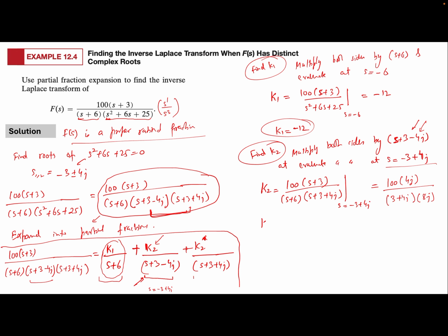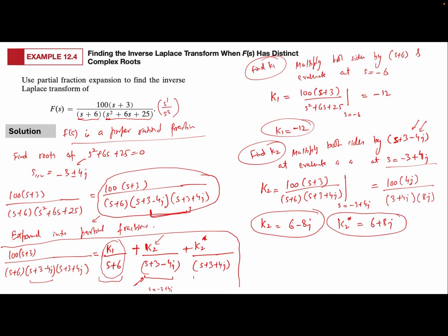And if you further solve this for k2, you will get 6 minus 8j. Again, this is your k2, and similarly you can get k2 prime, 6 plus 8j.